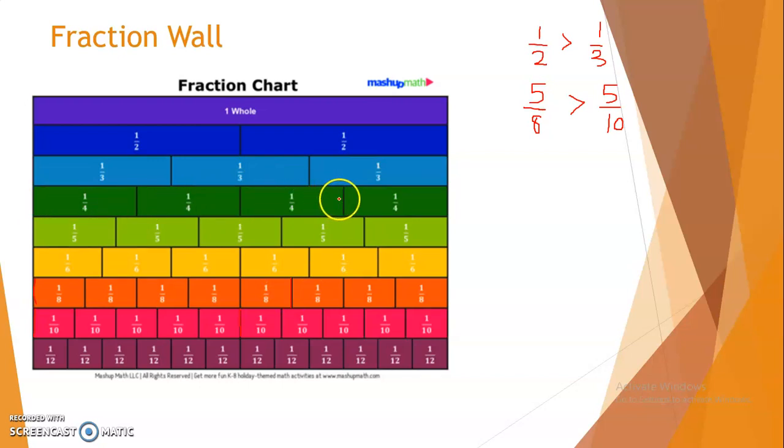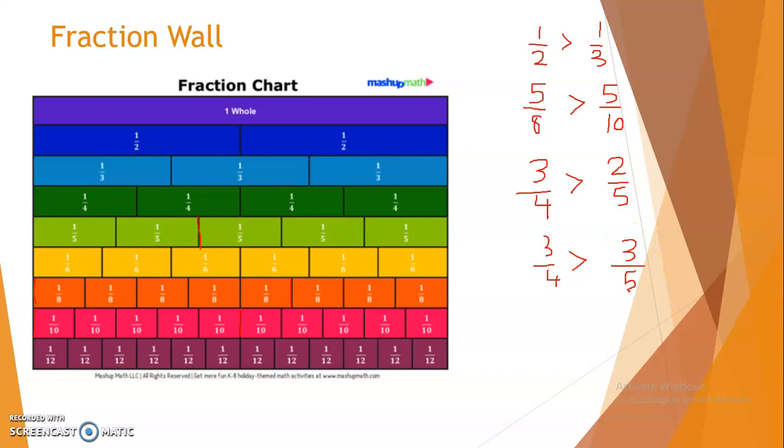Look at this fraction. Let us take this as 3/4. All the fractions that come below this are smaller than 3/4. Like that, fraction 3/4 is greater than 2/5, or 3/4 is greater than 3/5.